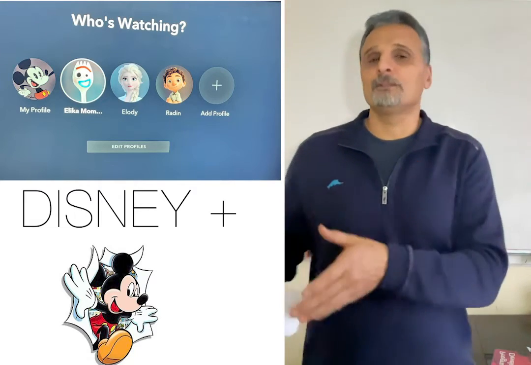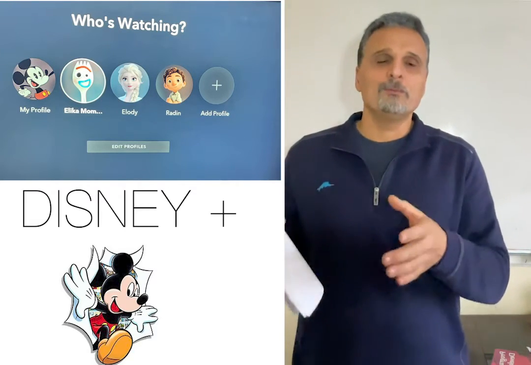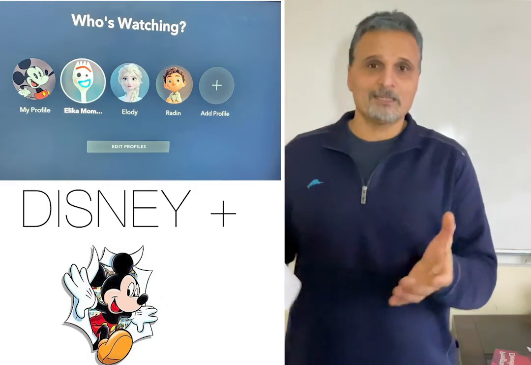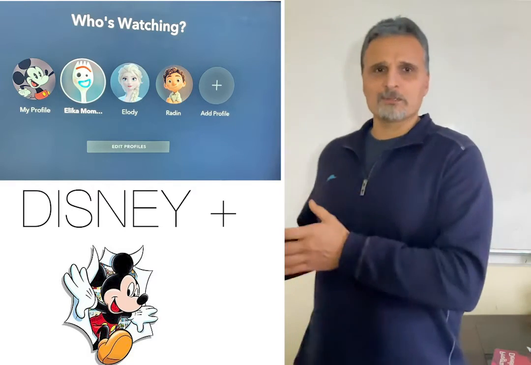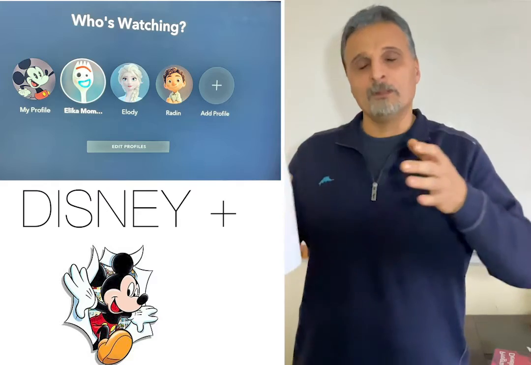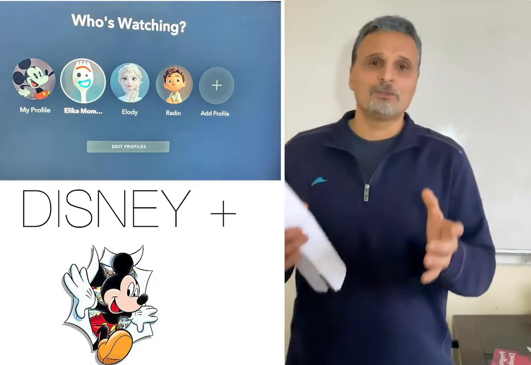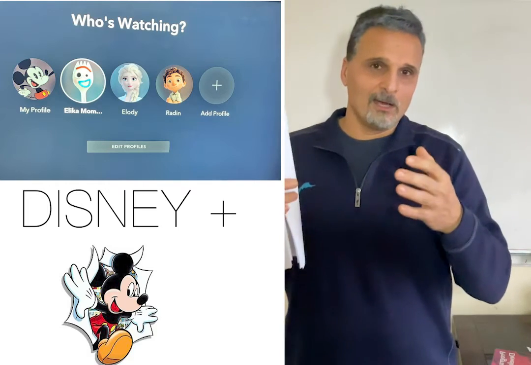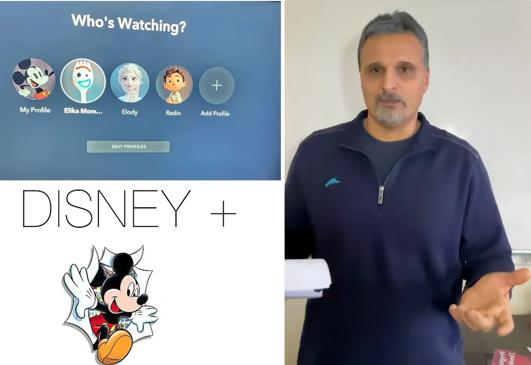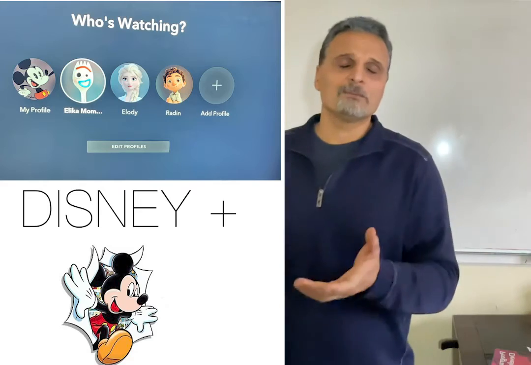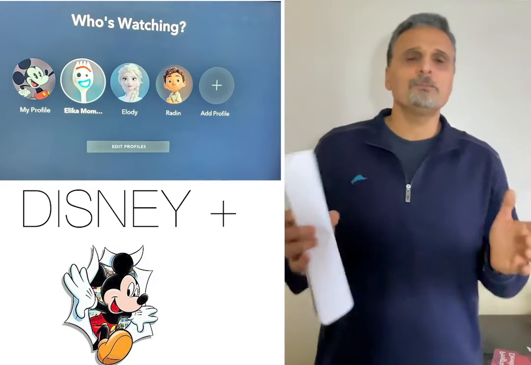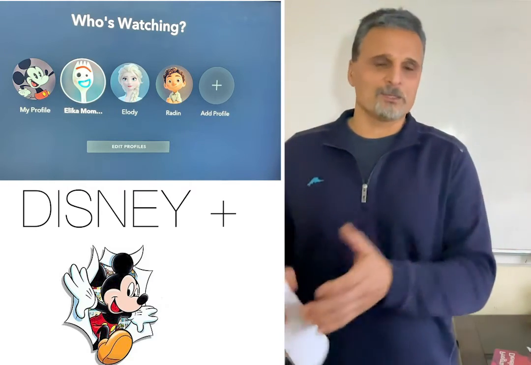If we select Elodie's profile picture, we will see all kinds of cartoons related to what she watched previously or what she will like to watch. So Disney uses machine learning to learn about our watching behavior. If there are 1,000 movies in Disney, it groups the movies following the watching behavior.